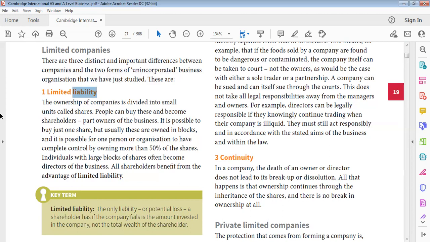You can't do that. That is why it is called limited liability. My liability is only limited up to a certain point. Is it clear now? Yes. So if you are investing $5,000 in Facebook, what is the highest amount of money you can lose if Facebook messes up with something?